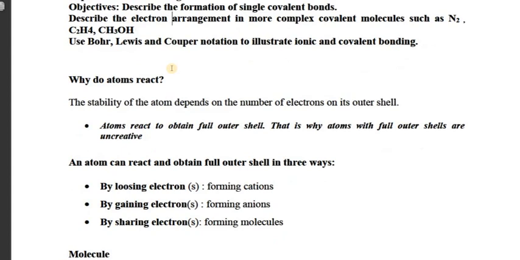We have alkanes, then we have alkenes, and then we're going to look at maybe ethene or propene, depending. By the end of this lesson, we'll be able to draw those different covalent molecules using the Lewis dot notation.